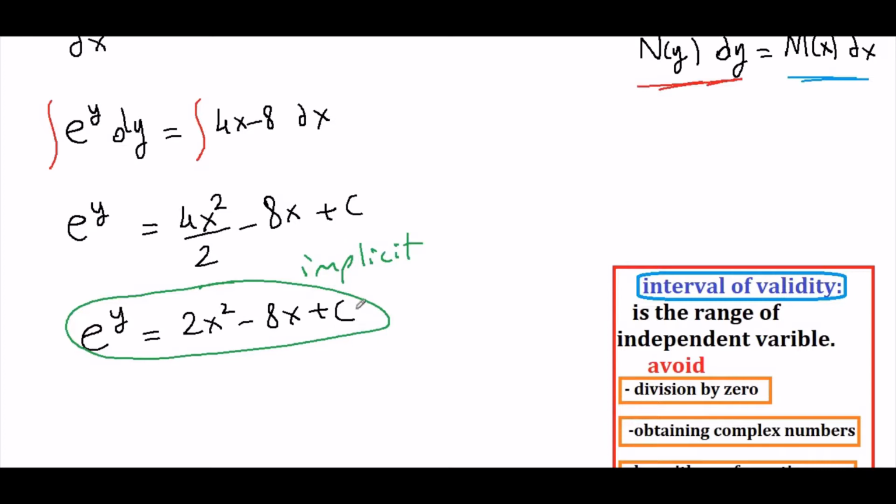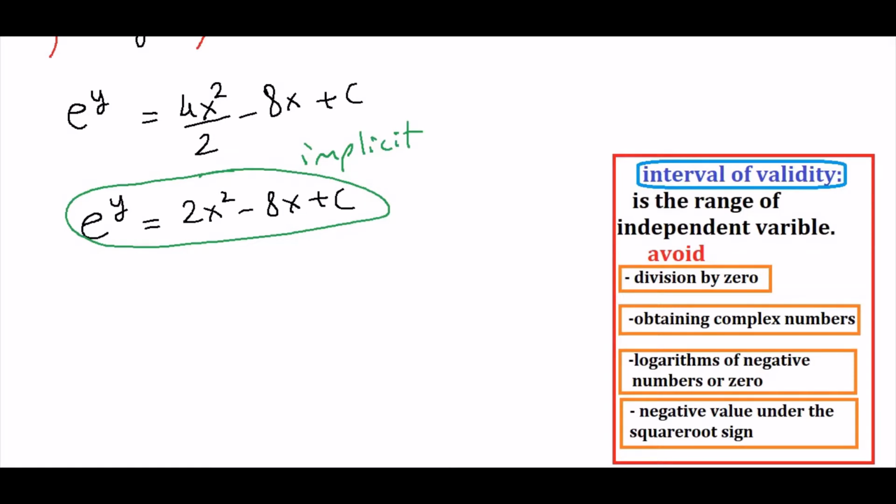Now we're going to find the value of c and then work on the explicit solution. Our initial condition was y of 1 equals 0. 1 is x, 0 is y. So e to the 0 is 1, and this is going to be 2 minus 8 plus c.